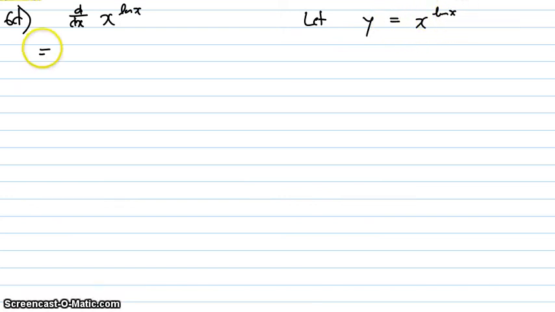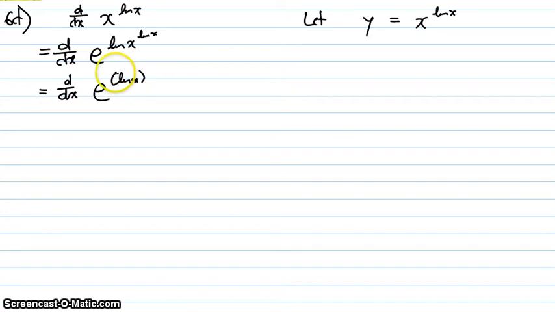I personally prefer to use the e straight away. So this is e to the ln of x to the ln x. Then I can use my laws of logarithms to bring that down. So this is differentiate e to the power of the ln x times ln x. So this is differentiate e to the power of ln x times ln x.